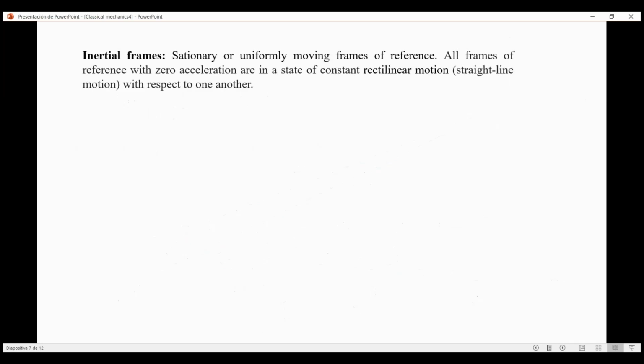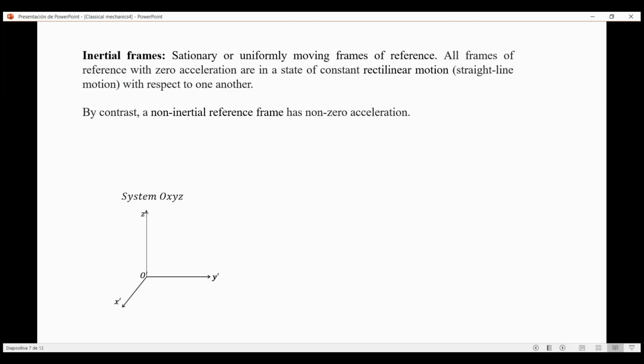To put in perspective what comes later, let's define what an inertial frame is. Inertial frames are those stationary or uniformly moving frames of reference. All frames of reference with zero acceleration are in a state of constant rectilinear motion, straight line motion, with respect to one another. By contrast, a non-inertial reference frame has non-zero acceleration.